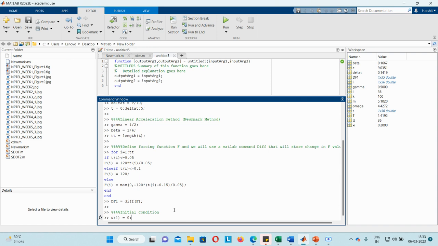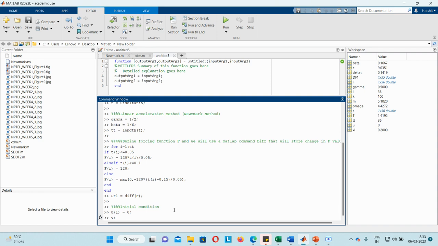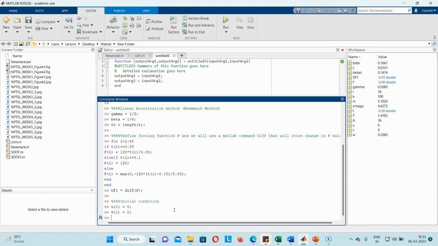Initially we assume velocity is 0, displacement is 0, and acceleration will be given by the dynamic equilibrium equation as f1 minus c times velocity minus k times displacement, divided by mass. Okay, so this is how we will define the initial acceleration.